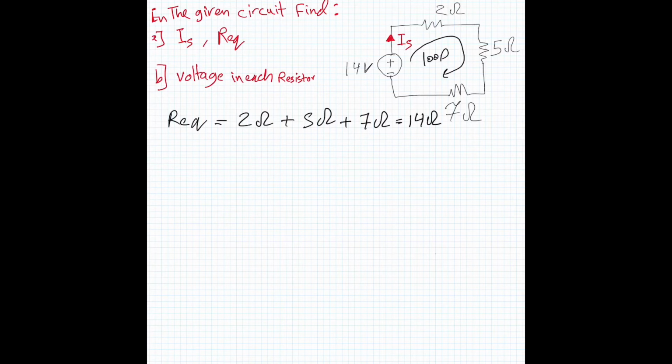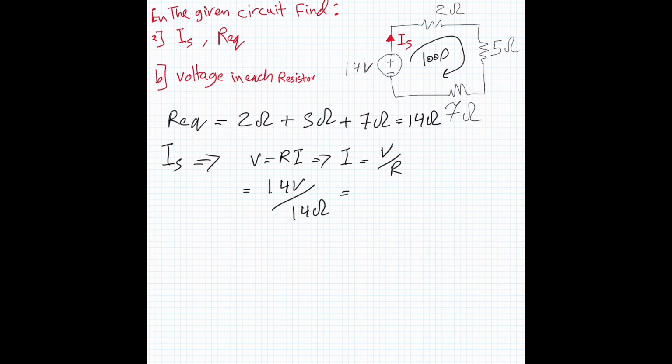To find IS, or the total I, we can just use Ohm's law: V equals RI, and I equals V divided by R. That gives me 14 volts divided by 14 ohms, which gives me 1 amp. So we achieved the first part of the problem, R equivalent and IS.